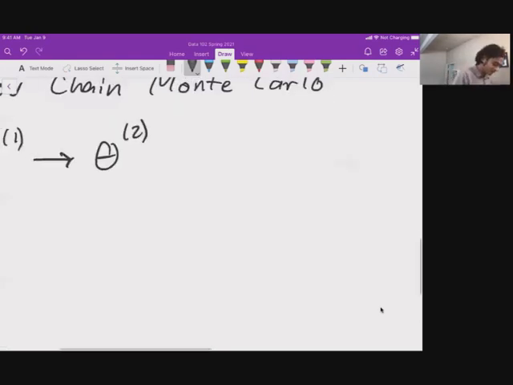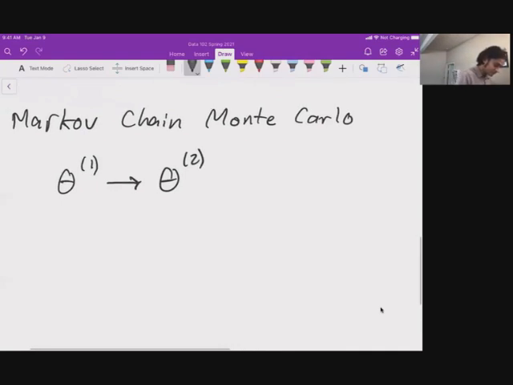And then I use theta 2 to give me theta 3. I'm using this weird superscript notation because I want to save the subscripts for the case where there are 5 different hidden variables, so I want to use the subscript for that.